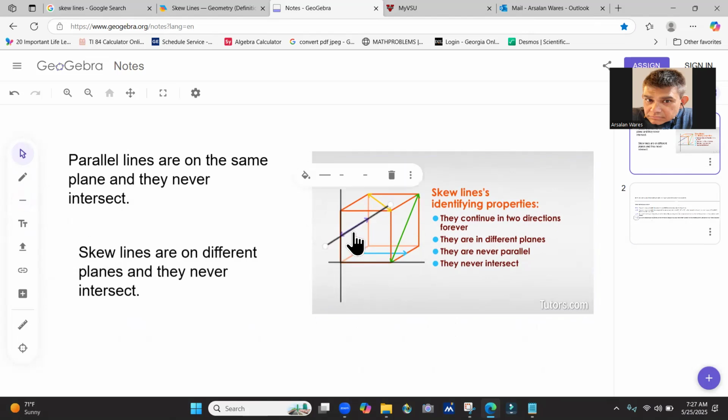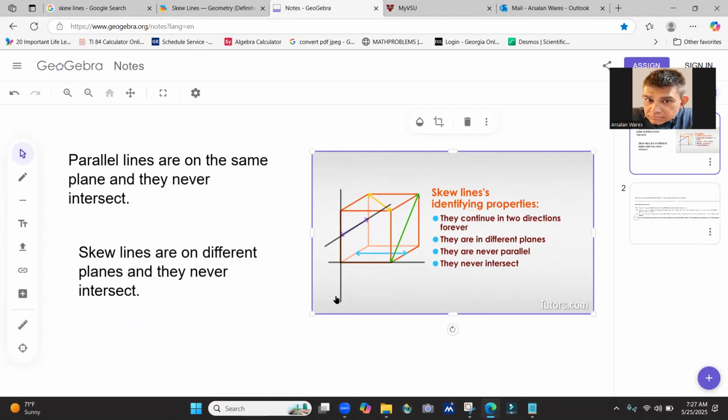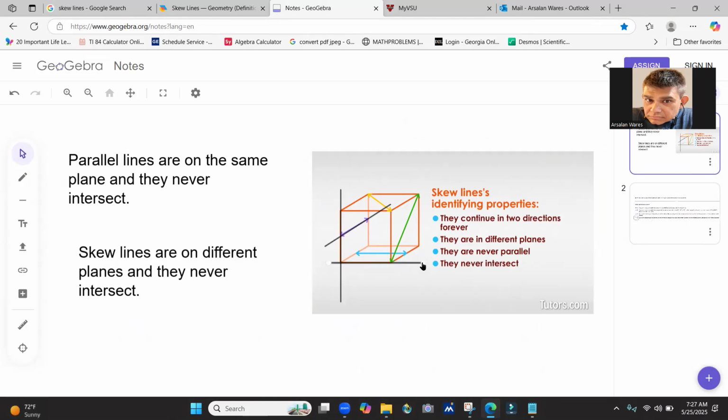Clearly, the purple line is perpendicular to this vertical line, and this red line is also perpendicular to this vertical line. But these two lines are not parallel because they are not on the same plane. So the lines don't have to be parallel.